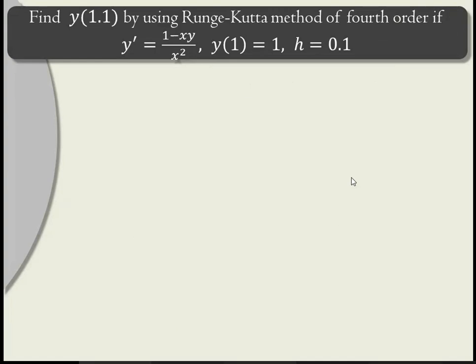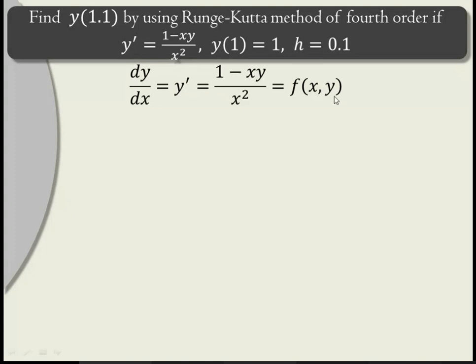Find y at 1.1 by using the Runge-Kutta method of fourth order if y dash is equal to 1 minus xy divided by x square, y at 1 is equal to 1, and h is equal to 0.1. Whatever the given differential equation is, take it as dy by dx and equate all that to f of x, y.